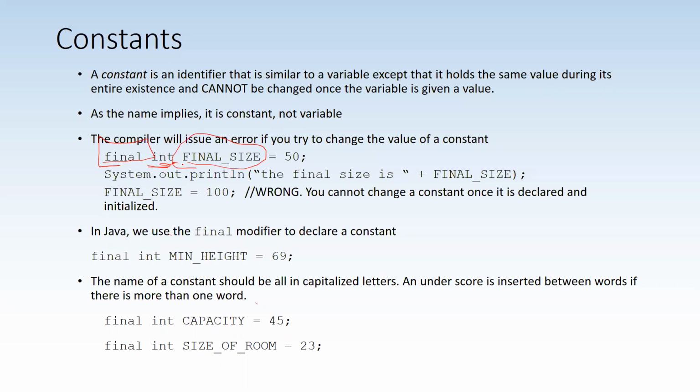For a constant, the variable name should always be in uppercase. If you have multiple words, you use an underscore character to connect them. So that's the syntax, and you give it a value before you use it. So final int SIZE equal to 50.